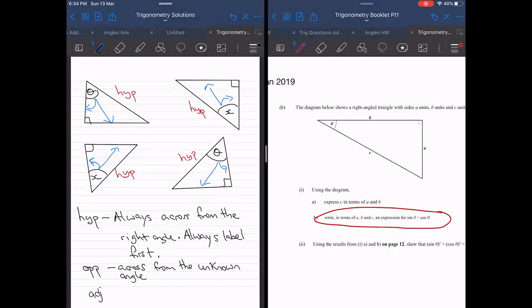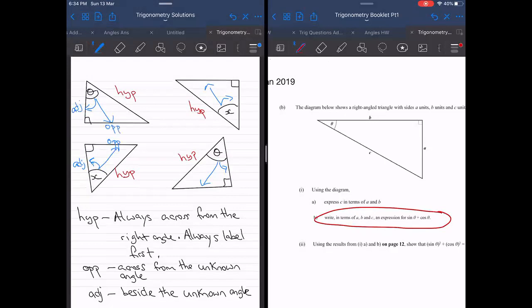And the adjacent will be beside the unknown angle. So obviously, in all cases, one will be close, one will be far. So this has to be the adjacent, this has to be the opposite. This one is close, so this has to be the adjacent.